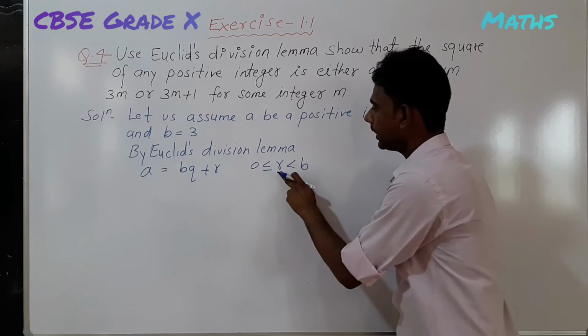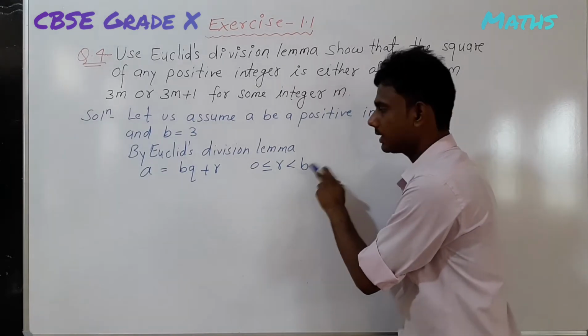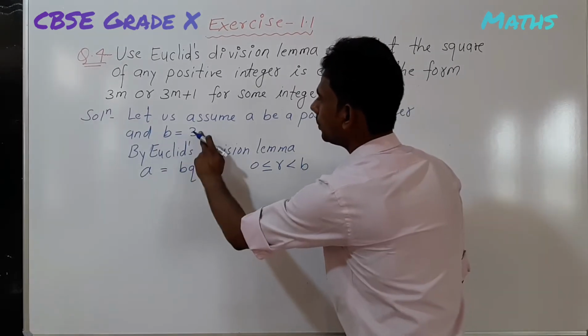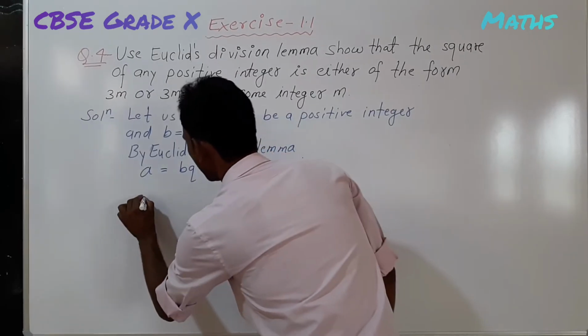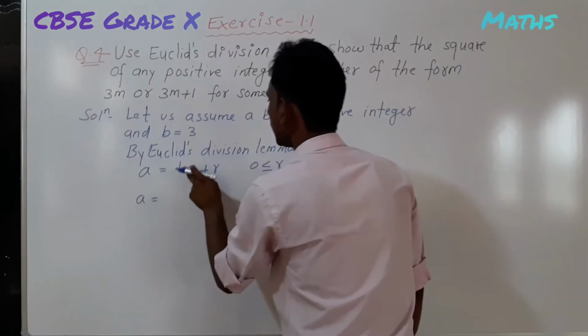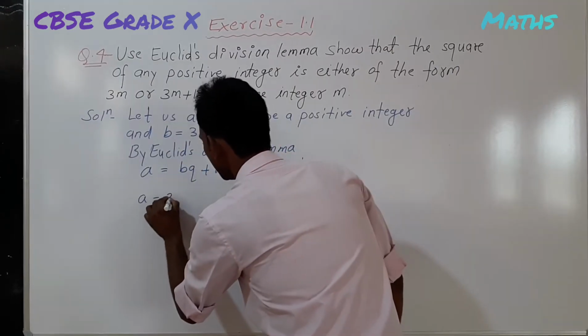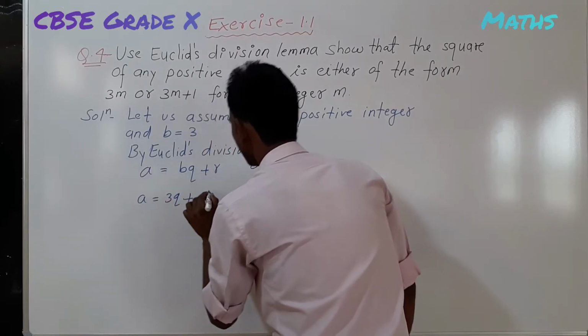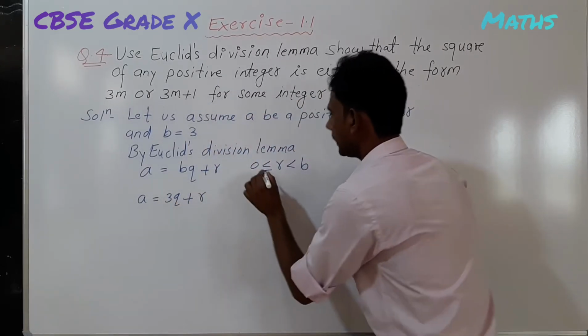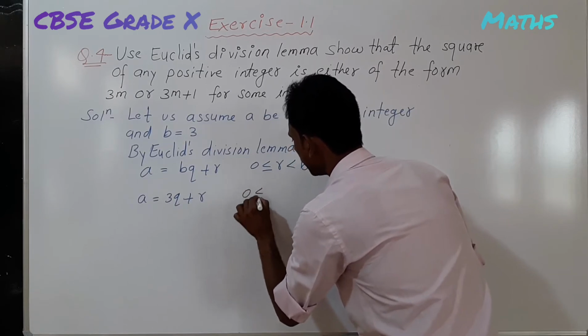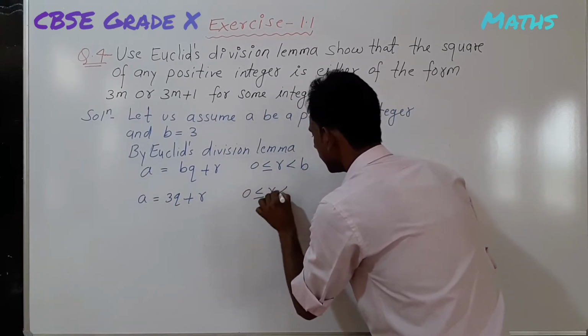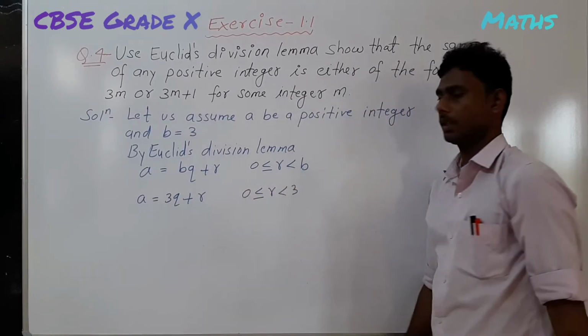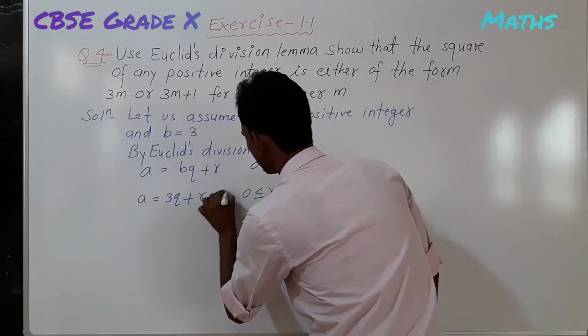The value of remainder is always less than divisor. But here b equal to 3. Therefore, a equal to, in place of b we substitute 3, 3q plus r. Here the value of r is 0 less than or equal to r less than 3. This is equation number 1.